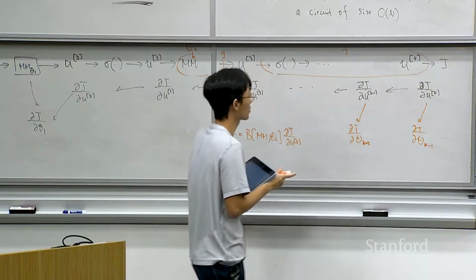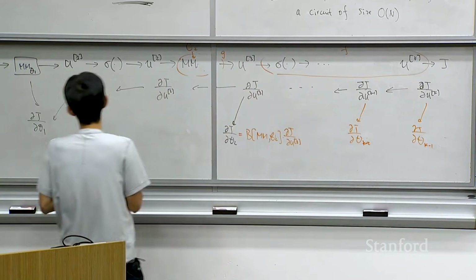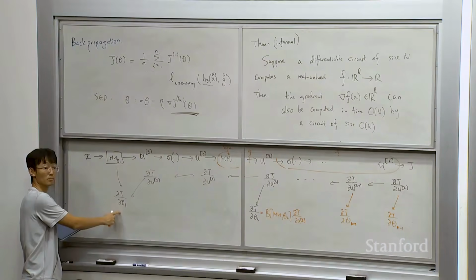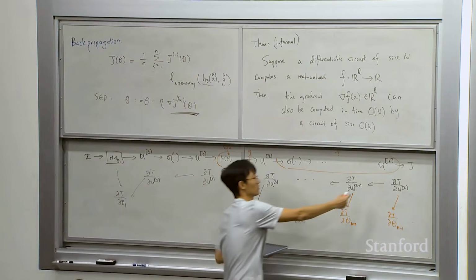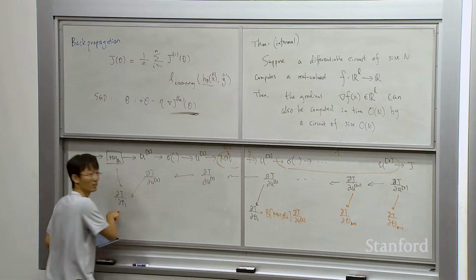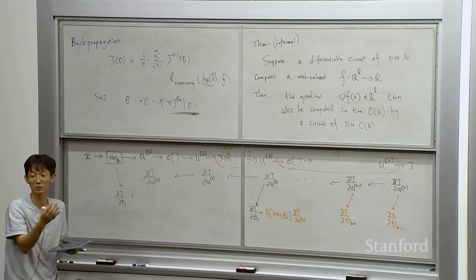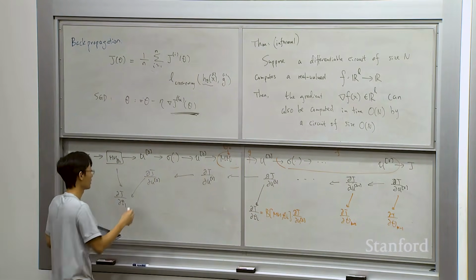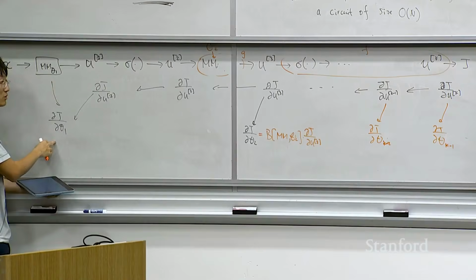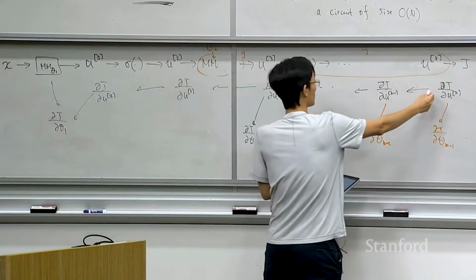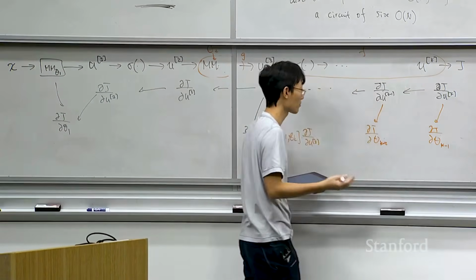And you can see that to compute the gradient with respect to the last weights, you have to go through this chain and then get here, right? Because this row is what we really care about, the derivative with respect to the parameters. So to get the last one, you have to compute all the derivatives with respect to activations.